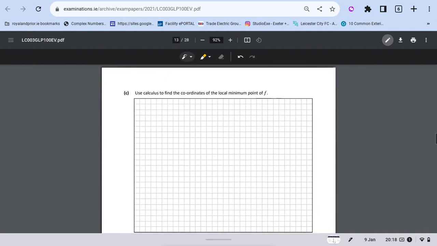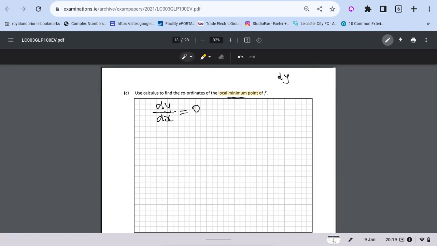Next thing, use calculus to find the coordinates of the local minimum point. Now, calculus is just a swanky word for differentiation, which is a swanky word for diffin. So once you see maximum, minimum, turning point, speed, rate of change, you know dy dx, right down here, you get your marks, dy dx, and for a maximum or a minimum, it's equal to 0.